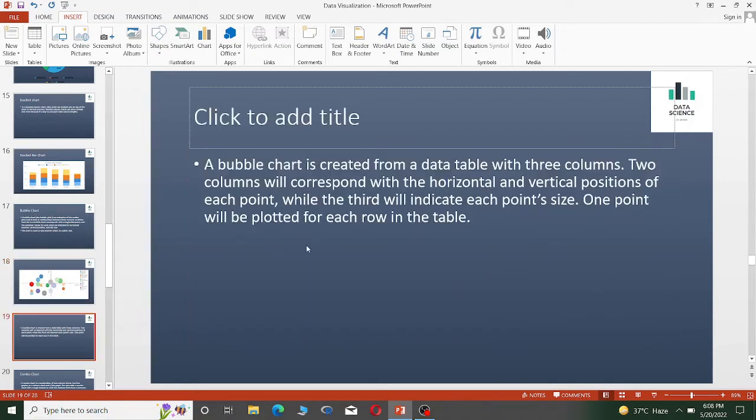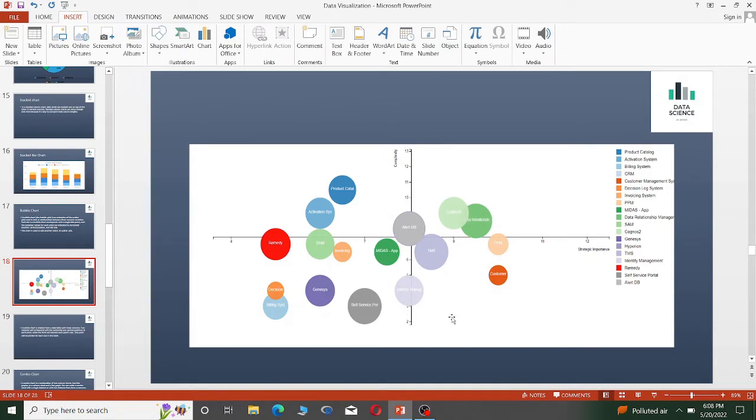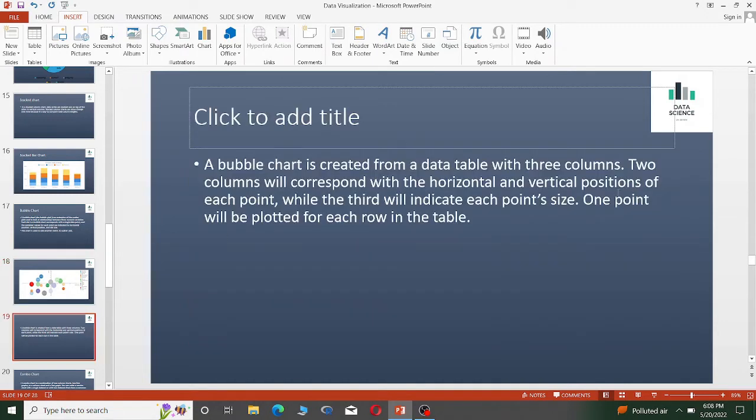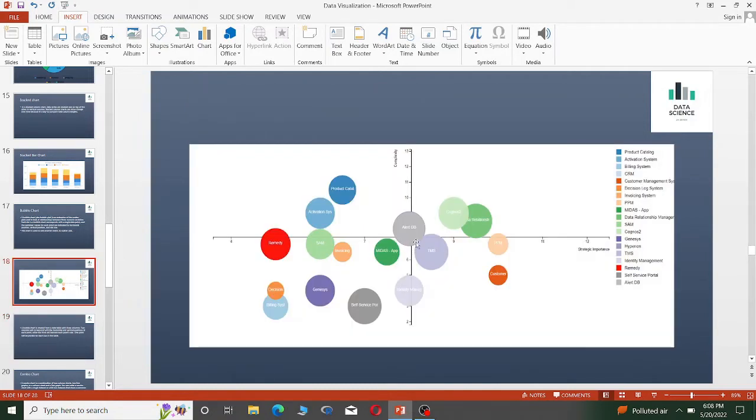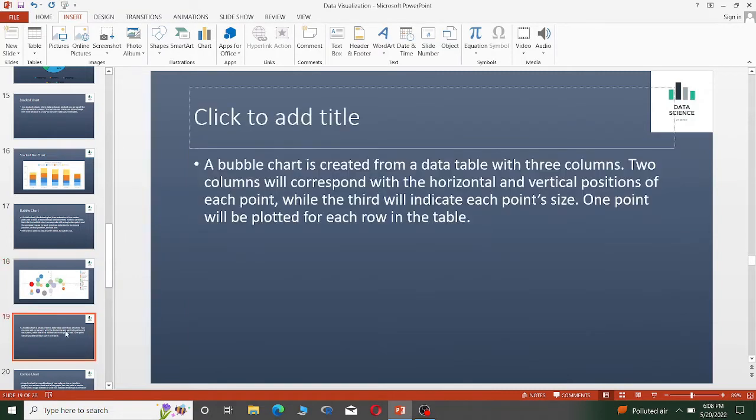Apart from this, a bubble chart is created from a data table with three columns. Two columns will correspond with the horizontal and vertical position of each point, as you have seen, while the third will indicate each point's size.